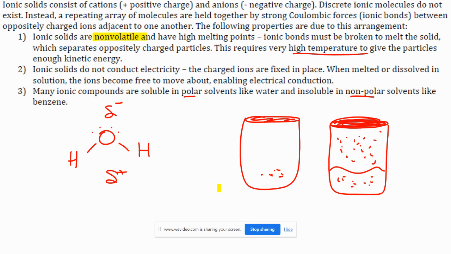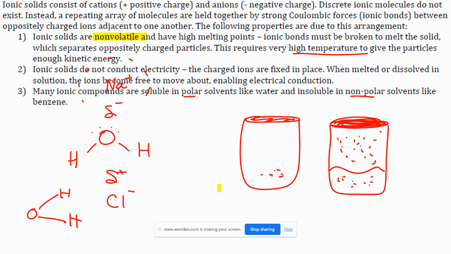So if it's sodium chloride, you'll end up with your chlorines here, and then you'll have another water molecule off to the side here, and it keeps going, and it just surrounds that chlorine. And then on the opposite side, you're going to have your Na up here, and the waters are going to surround it with the oxygen end facing it.